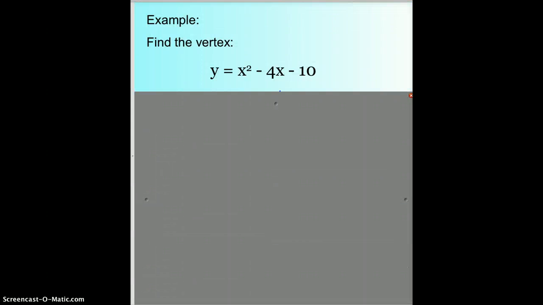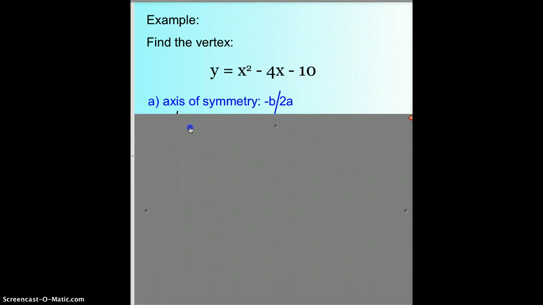Here's an example. I need to find the vertex using the equation y equals x squared minus 4x minus 10. If I find the axis of symmetry, I know where it goes through the x-axis. So now what I need to do is find the y-point. We can use the formula -b over 2a to find the axis of symmetry.